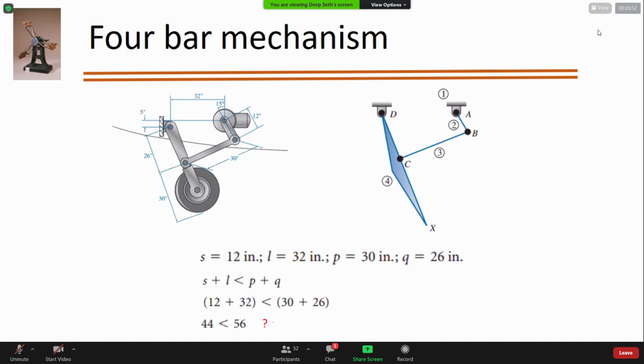Now my question is, what kind of mechanism is it? Will you call it crank rocker, double crank, or double rocker? Anyone can answer? Is it crank rocker, double crank, or double rocker?